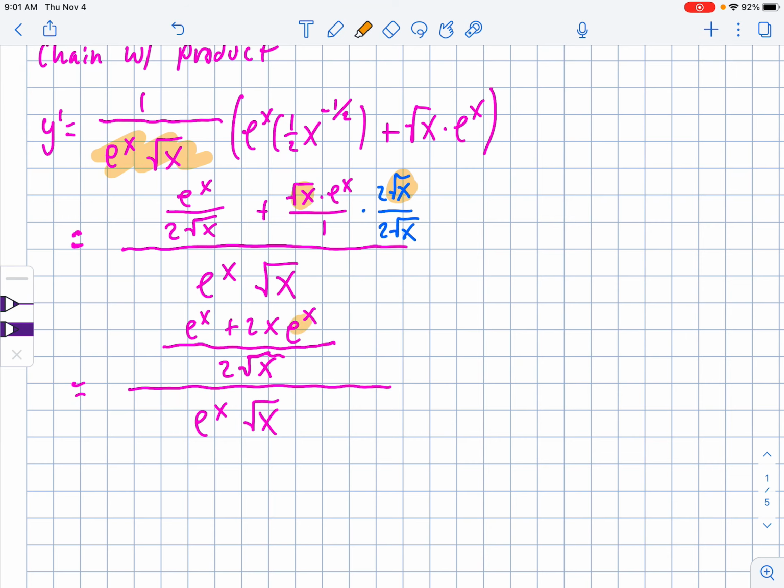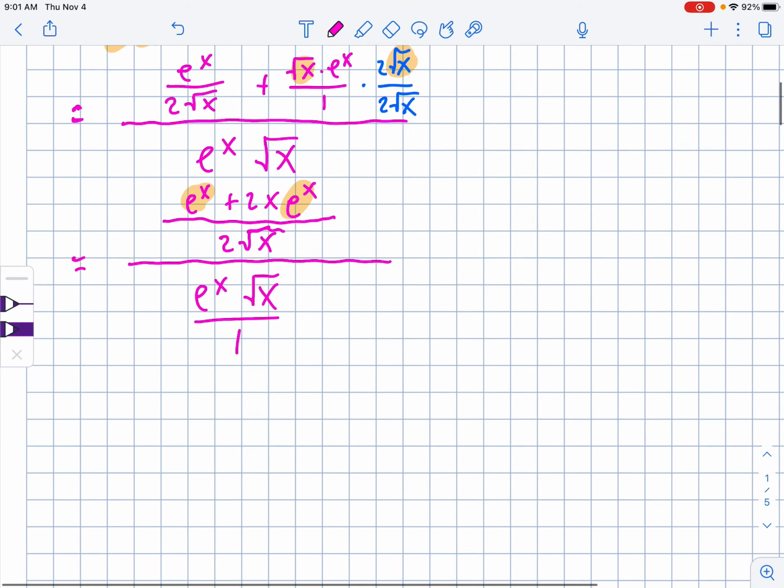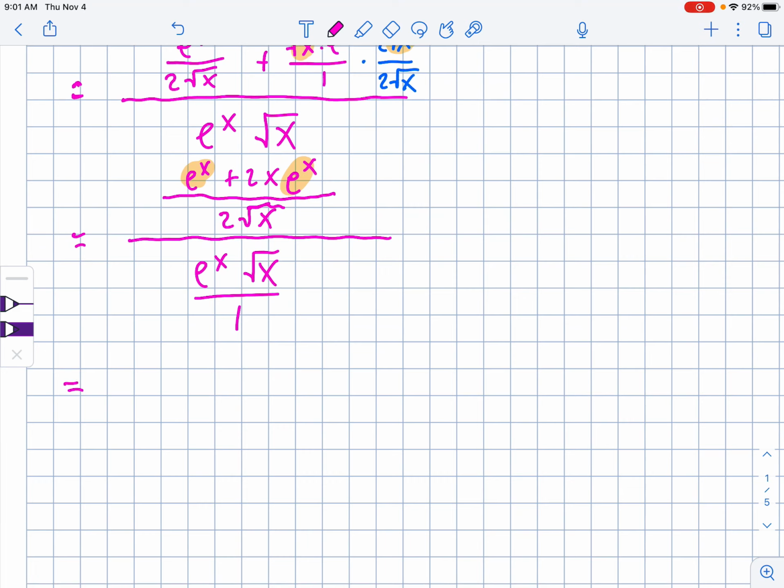Now I am going to factor this e to the x to the outside on the top, and you can think of the bottom like its own fraction. So to divide by fractions, you keep the top fraction and multiply by the bottom fraction upside down. Top fraction, I'm factoring out the e to the x, plus 1 plus 2x, and then all over, 2 root x times 1 over e to the x root x.